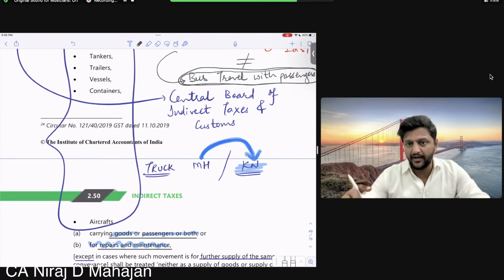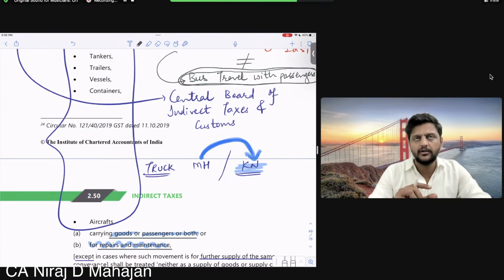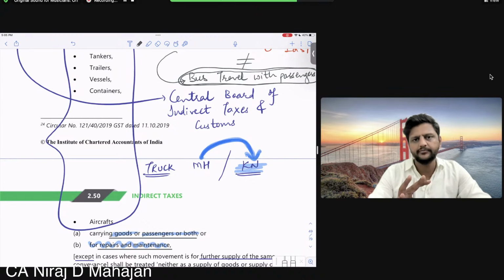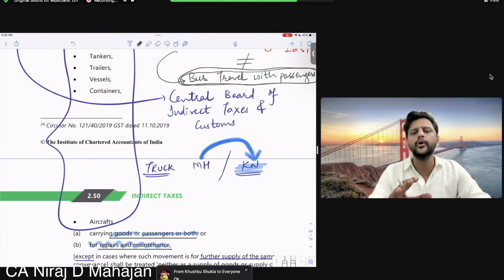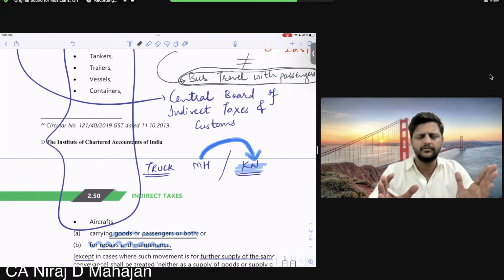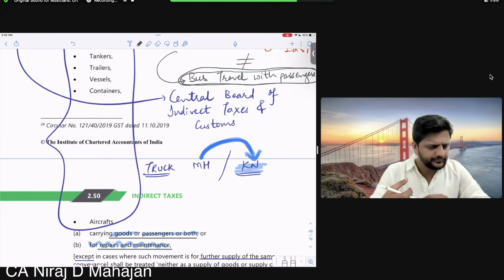On that bus part, focus on the bus part only, GST will not be applicable. On the goods part, GST will not be applicable. Yes, everybody? If the vehicle is going from one state to another because of transportation of goods or passengers, it is not a supply. Done till here?